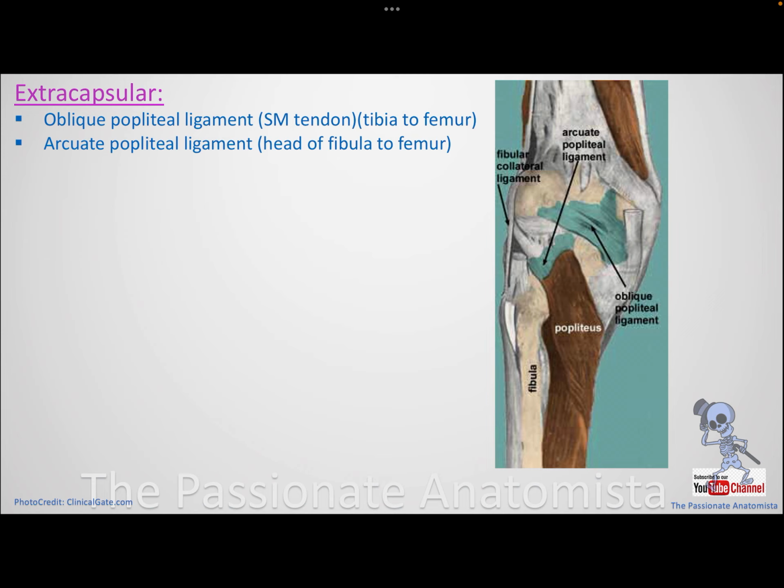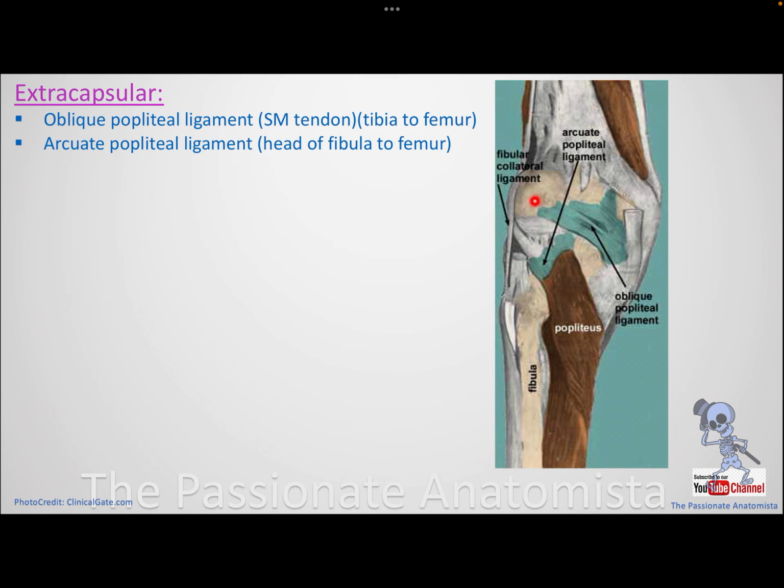So what else do we have? We have 2 posteriorly. They are called popliteal ligaments. One is called oblique and one is called arcuate popliteal ligament. How will we remember them? The oblique one, guys, is coming from the semimembranosus tendon.